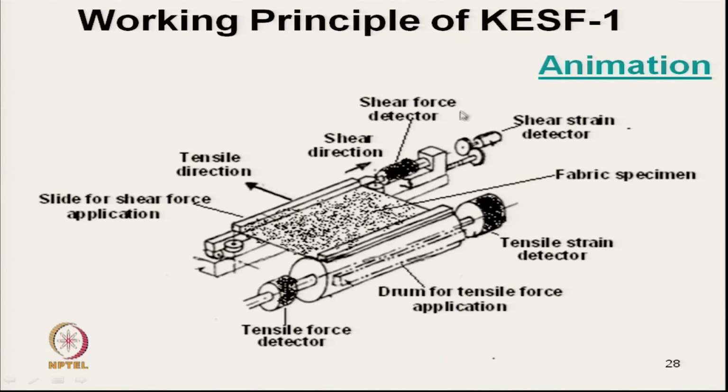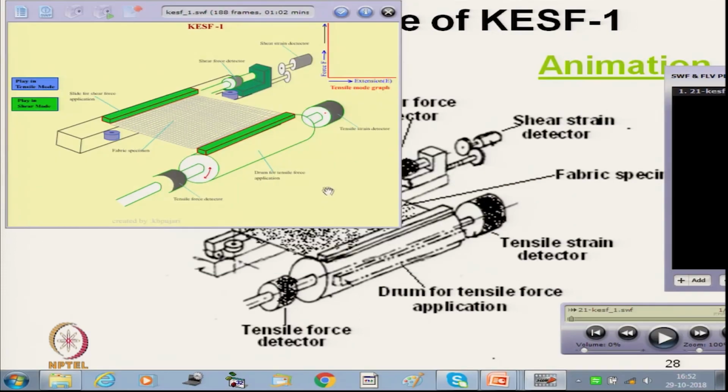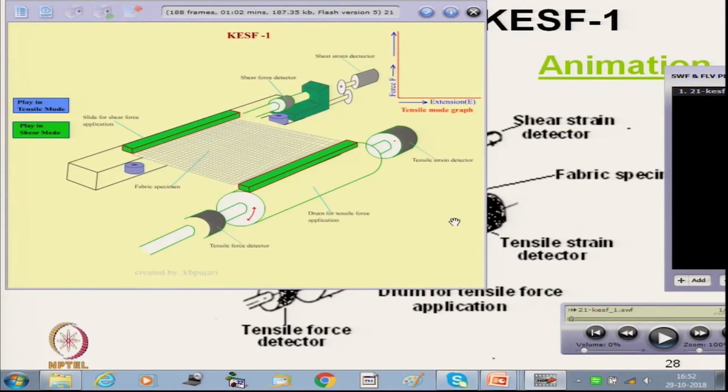And the shear force detector here is again a torque sensor, the torque required to slide this slider. From there we can get the shear stress and shear strain value. Now, let us see the animation here.